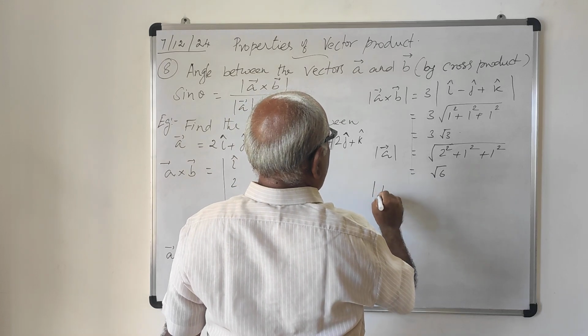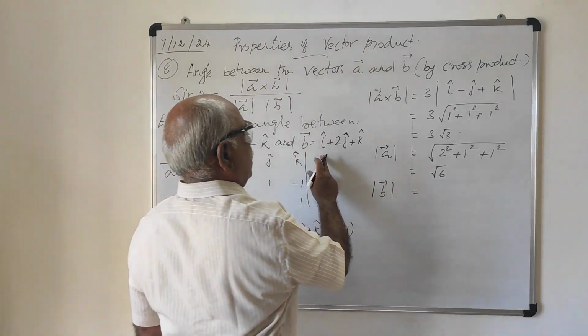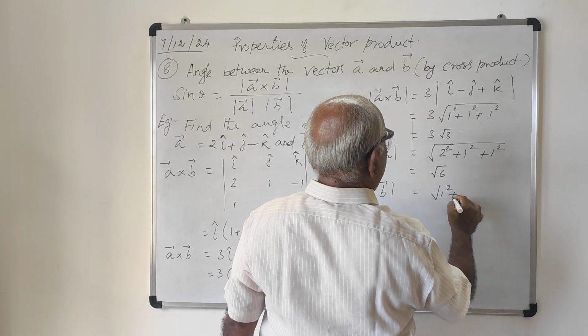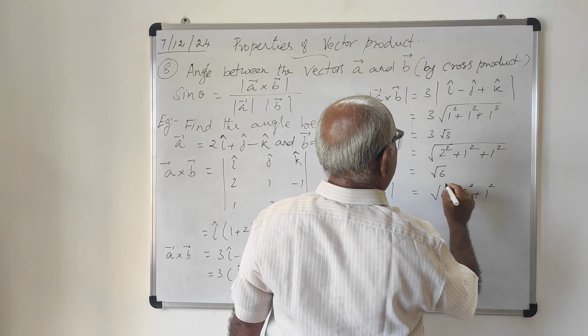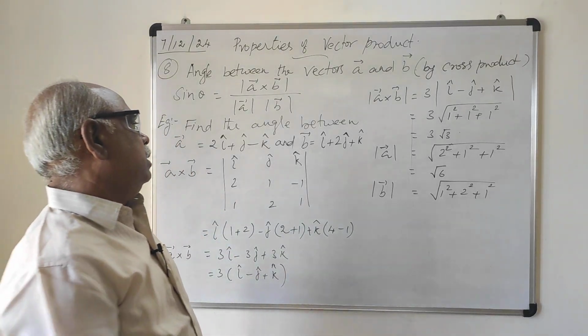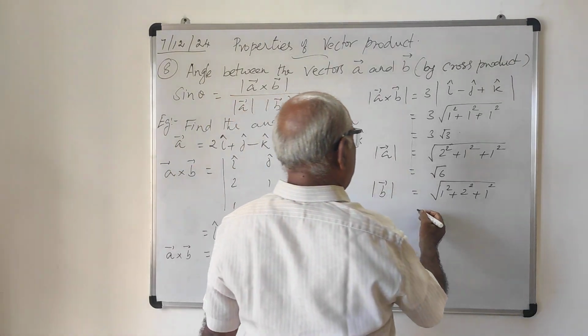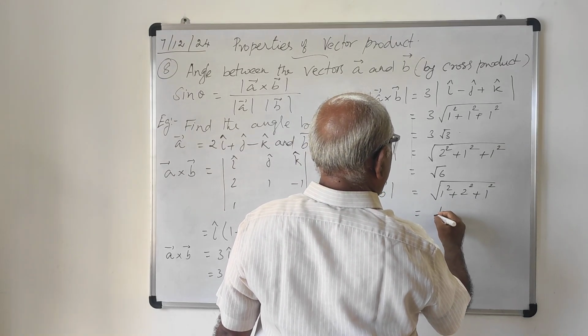And the modulus of B is the root of 1 square plus 2 square plus 1 square, since the B vector is 1, 2, 1. This is also 1 plus 4 plus 1, that is 6.